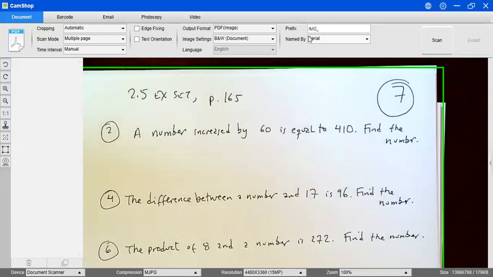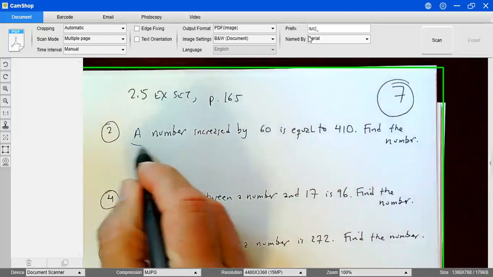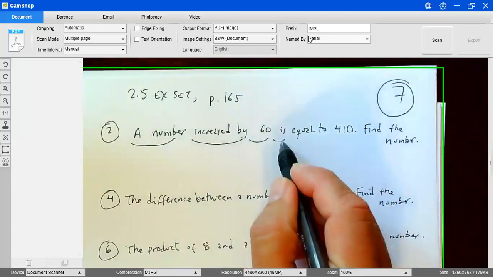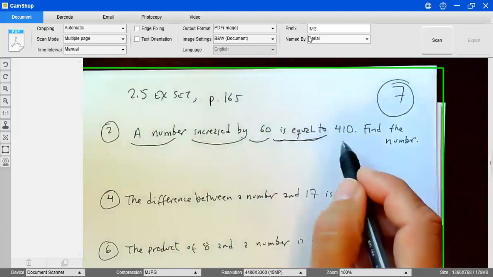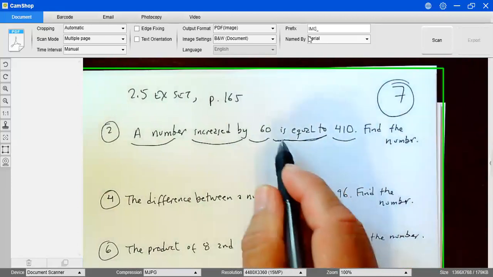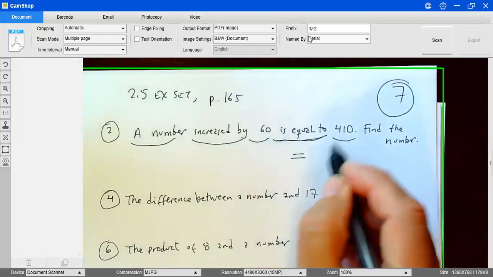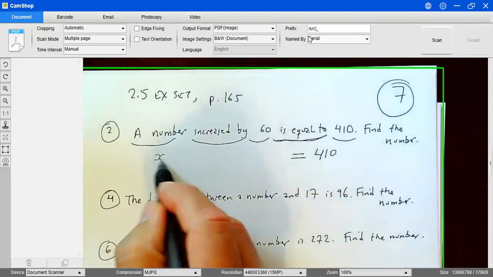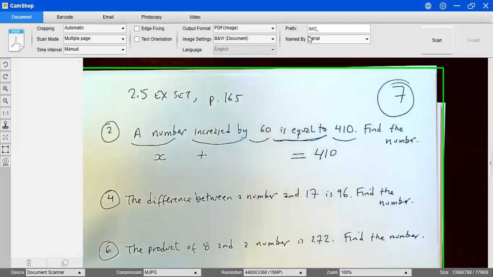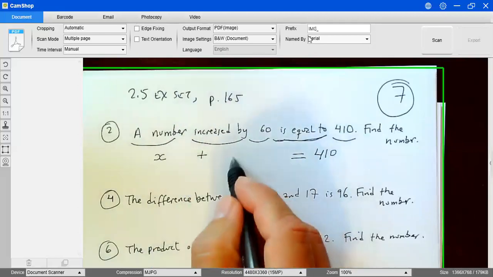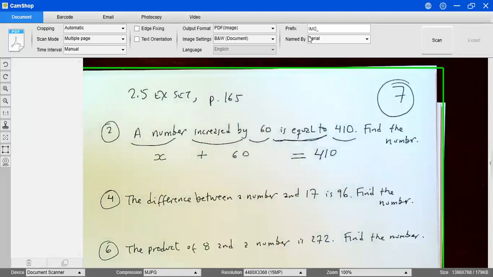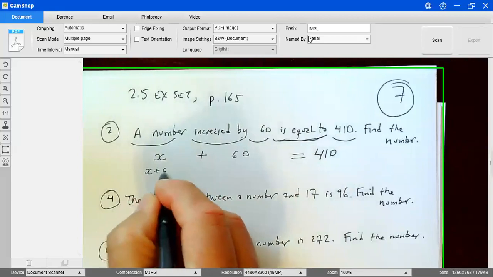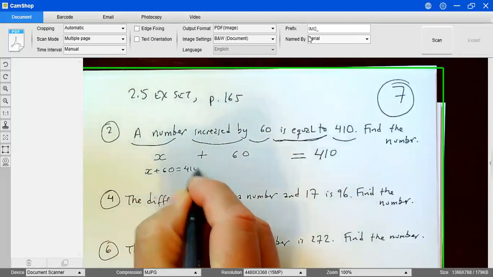A number increased by 60 is equal to 410. The verb here is "is equal to" 410. Then "a number x increased by" is addition of 60. So we have the equation x plus 60 equals 410.